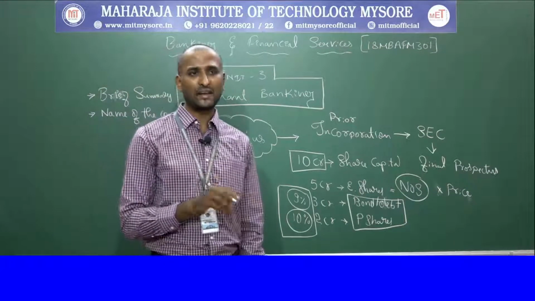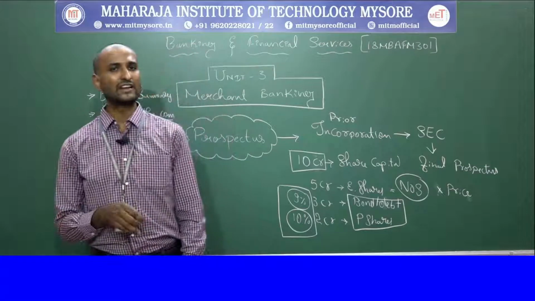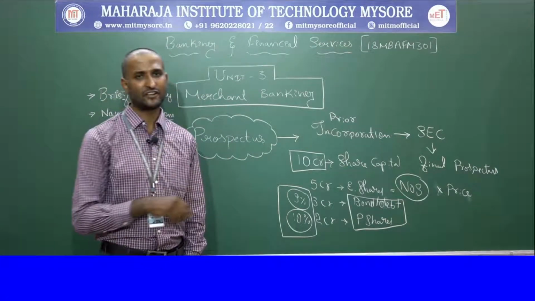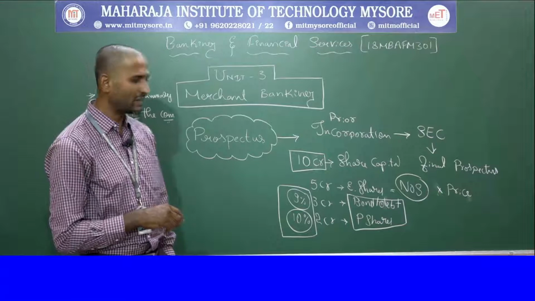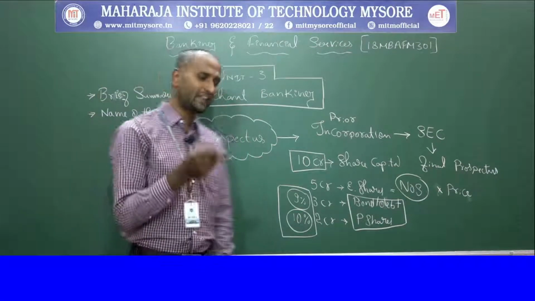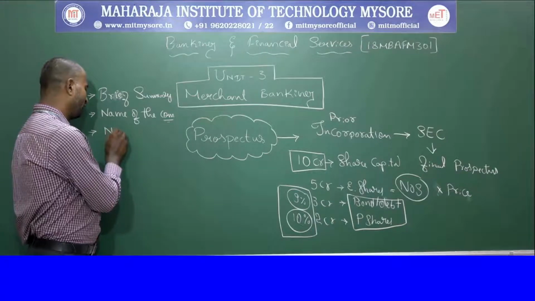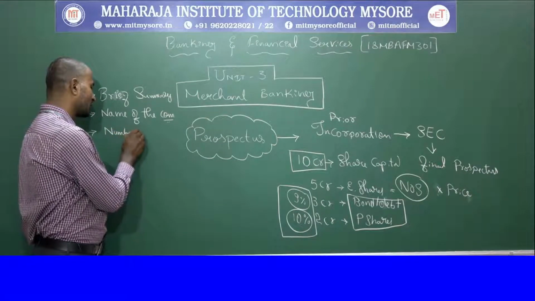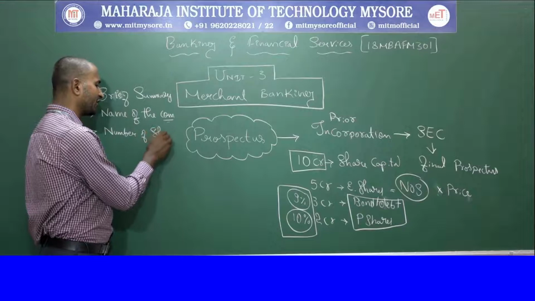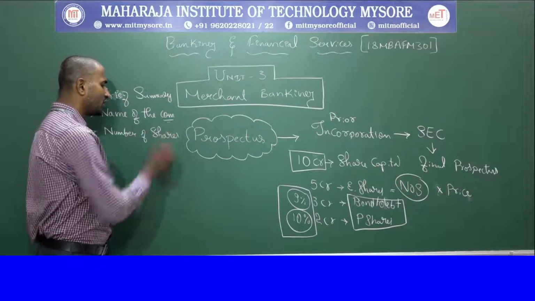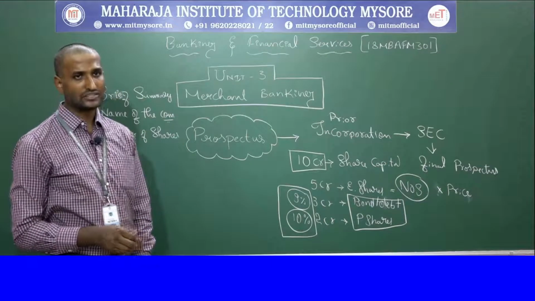For a public company, they need not wait till incorporation. Immediately they can state it as public company. Then they must show the number of shares they are going to issue to raise their capital.